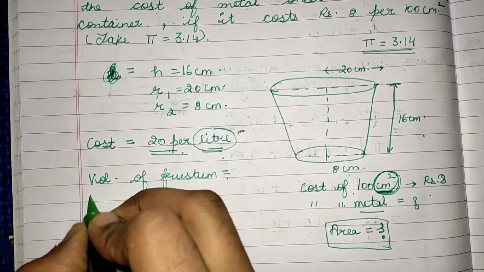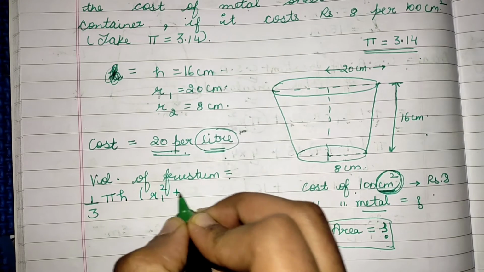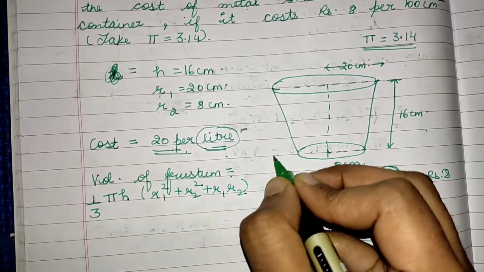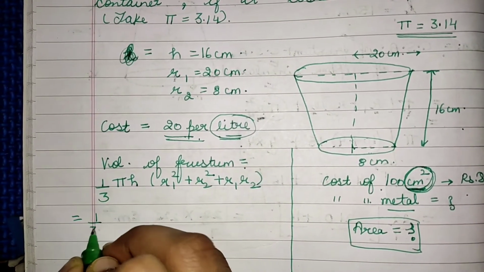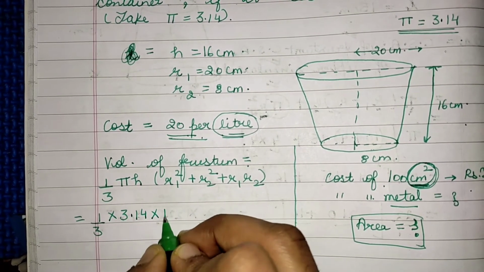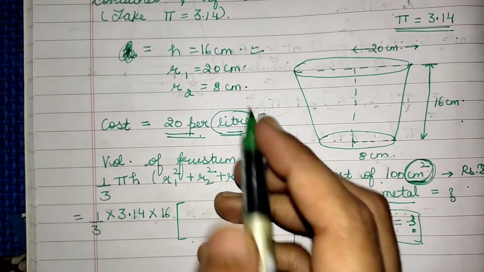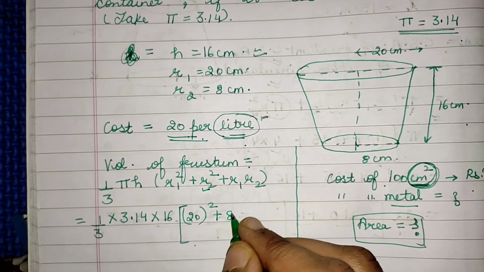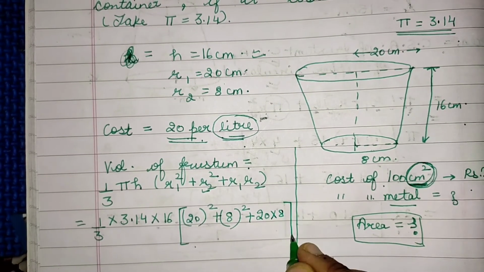Volume of the frustum is given by 1 by 3 pi h into R1 square plus R2 square plus R1 into R2. We know all the values, so simply put the values and you will get your answer. Pi is 3.14, h is 16 centimeter, R1 square is 20 whole square, plus R2 square is 8 square, plus R1 into R2.